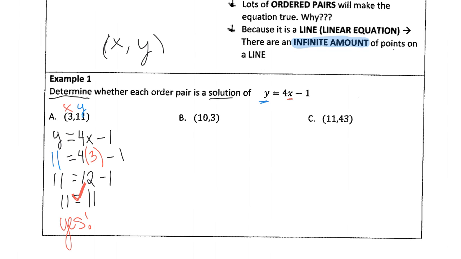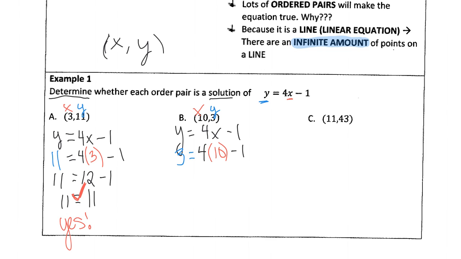Okay, so again, let's look at B. We first determine which is x and which is y. So this is x, this is y. I always start off by rewriting what I'm plugging it into, just so I know. And then I plug those values in. Y is 3, so now I have 3 equals 4. X is 10, so 4 times 10 minus 1.